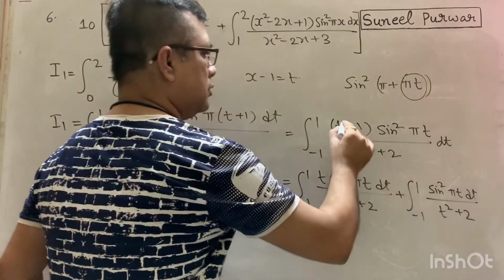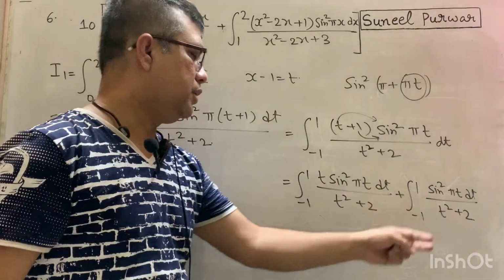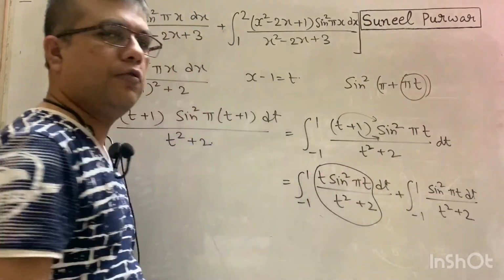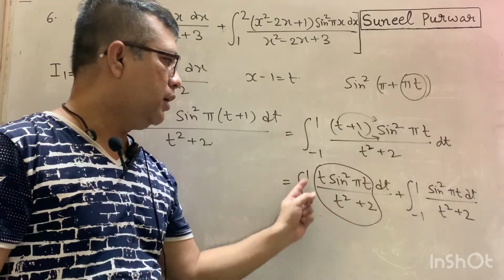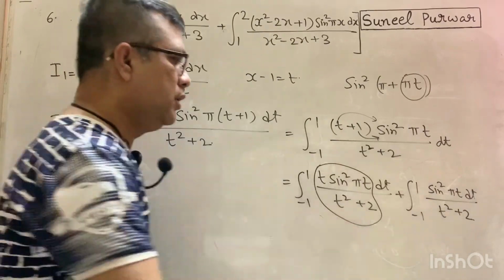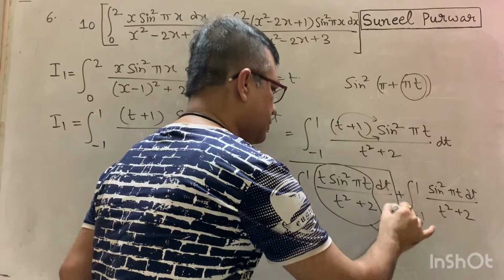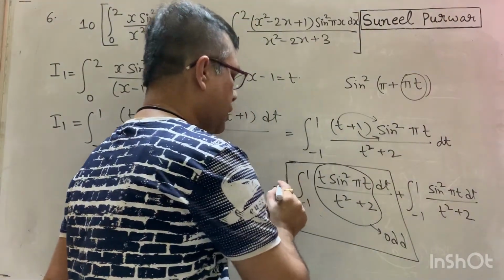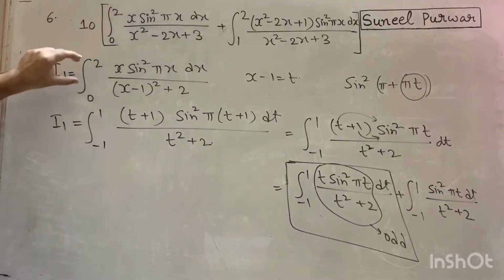Got that? So once t into this and then 1 into this, we get these two integrals. Now if you look at this first integrand, it's an odd function. Is it or not? You can check that. If you say this is f(t), f(minus t) is equal to minus f(t). So this is an odd function. So it will contribute 0. So what is the value of this integral? 0. Alright. So this first integral value, which I called I1.